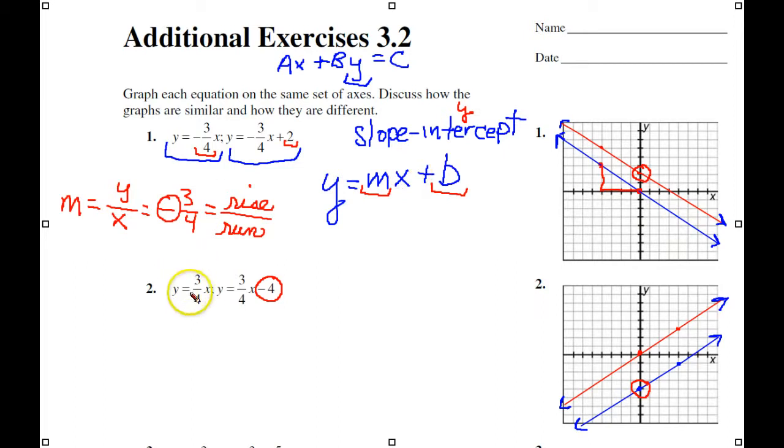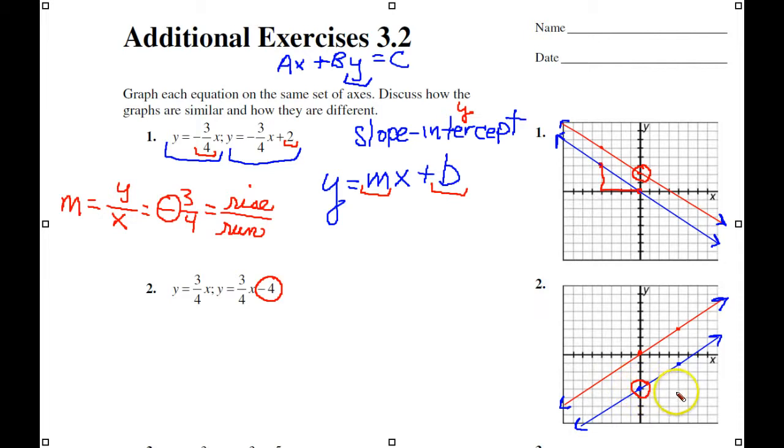Now the difference here is I have positive slope. I'm going to start again at 0. The y-intercept, there isn't any, it's 0. And I'm going to go over 4, up 3, because it's positive. My run is positive, my rise is positive. That gives me positive slope. Now that I have my negative 4, I know my y-intercept is there.